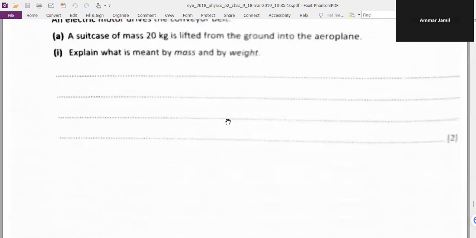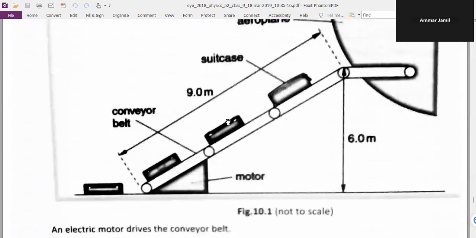As you can clearly see, the force applied by the motor is constant. Okay, it is applying the same force. As the suitcase is going up, it becomes slower and slower, and it stops here. So when the suitcase is becoming slower and the constant force is applying, that means the kinetic energy here was maximum, and here it becomes 0.